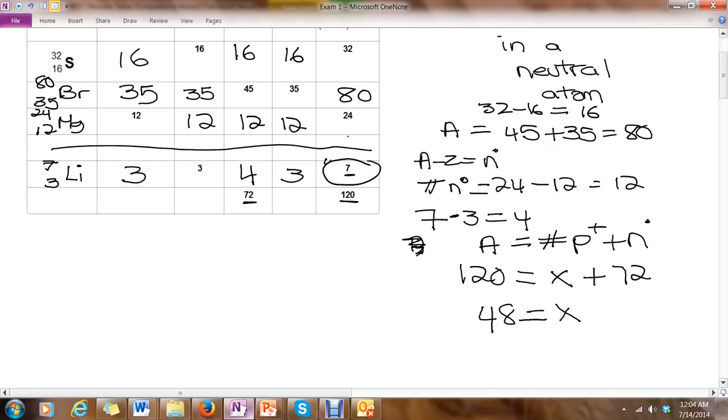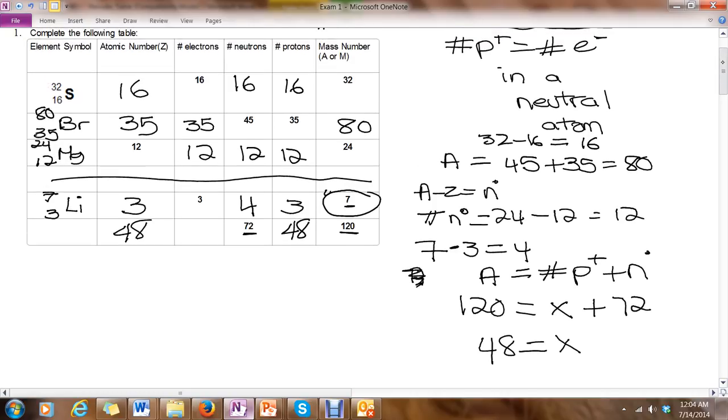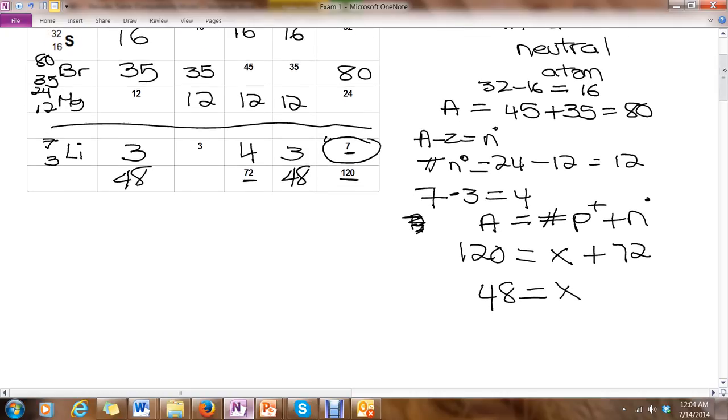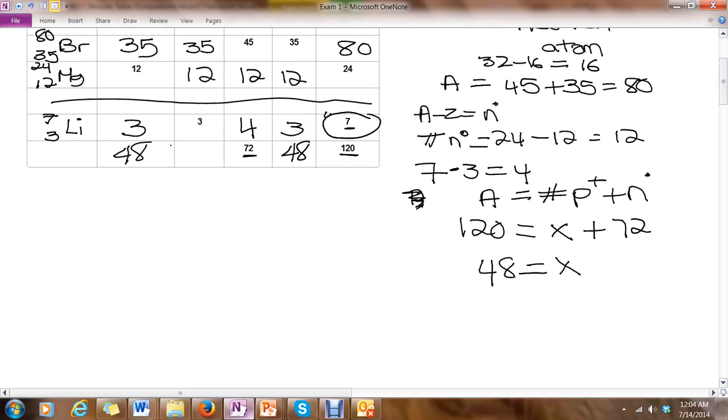So you got here that the number of protons is 48, which is the same as the atomic number. This is the column for atomic number, right? And then the number of electrons would be the same as the number of protons in a neutral atom. So we got 48 here.